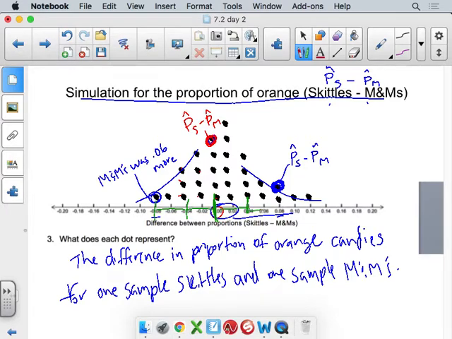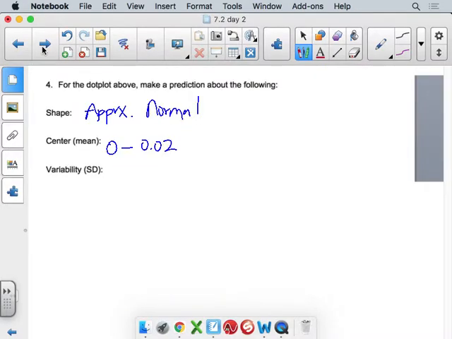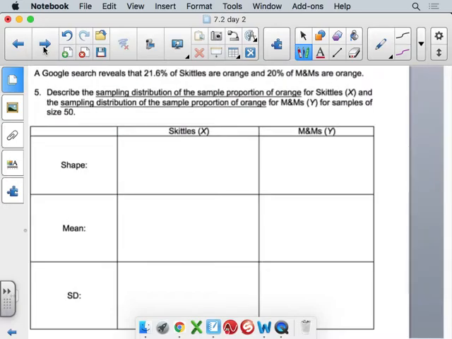Maybe let's do like 4 or 5. So maybe I'll just say 0.04. I'm just guessing, just making a prediction. So maybe I've got a mean somewhere between 0 and positive 0.02. So somewhere in between there, I'm thinking.